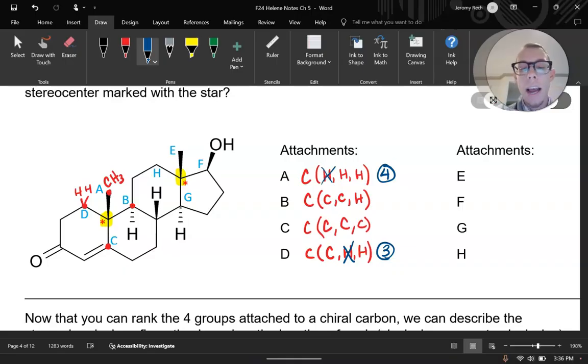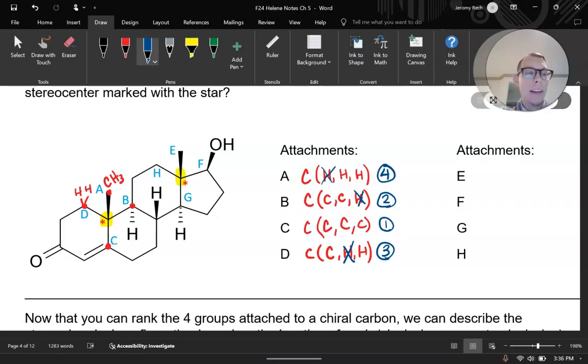And then finally, between B and C, I have carbon, carbon, carbon versus carbon, carbon, hydrogen. So B is going to be smaller, and then C is going to be the highest priority. So C has all carbons, where B only has 2, D has 1, and A has no extra carbons. So our rankings here are going to be 1, 2, 3, and 4 in order of C, B, D, and then A.